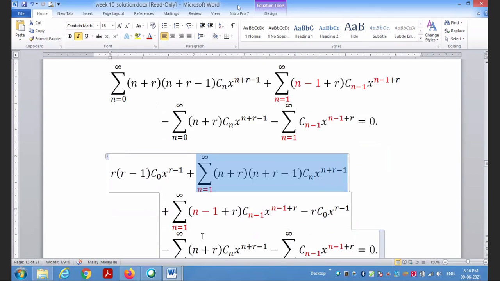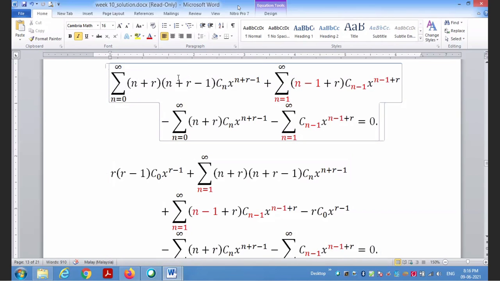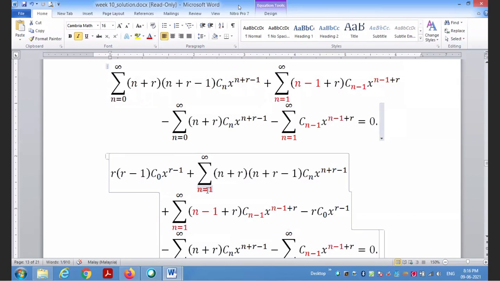Okay, sorry, after this, from now on, n starts with 1. So the same thing as the first summation, but now n starts with 1 because for the first term you replace n with 0. The second one remains unchanged.